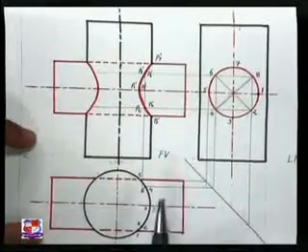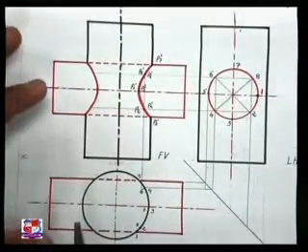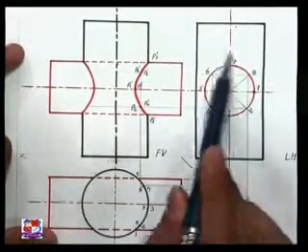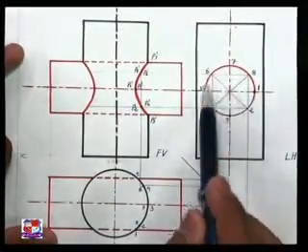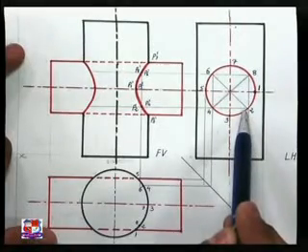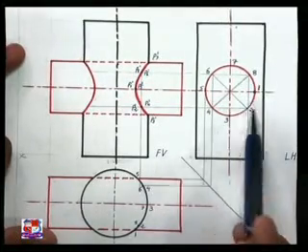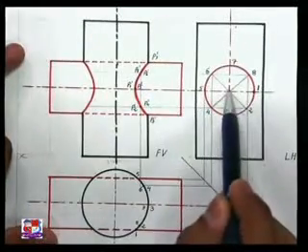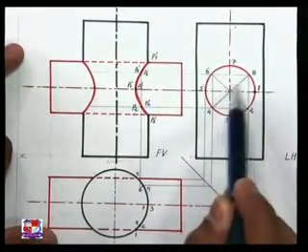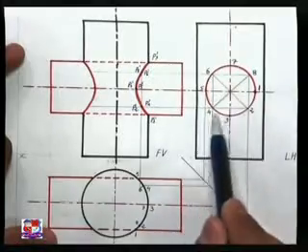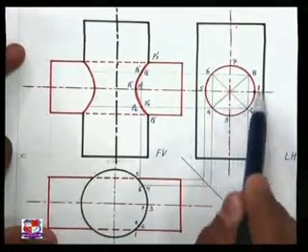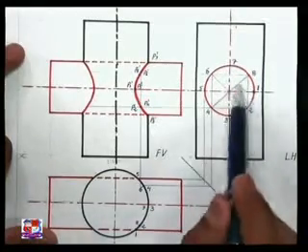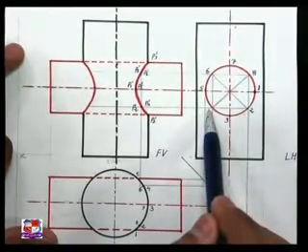After drawing these 3 views, it is given that another cylinder is penetrating inside this. So draw here a circle, and axes of both the cylinders bisect each other. So from the midpoint of its height, locate one point on this axis, and from this draw a circle of given diameter, that is 30 mm. After drawing this circle of diameter 30 mm, divide this circle into equal number of parts, say 8 equal parts.